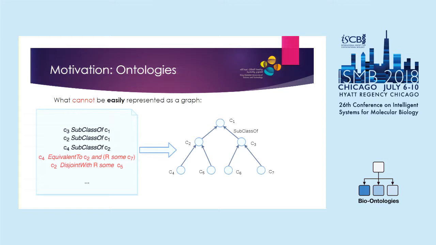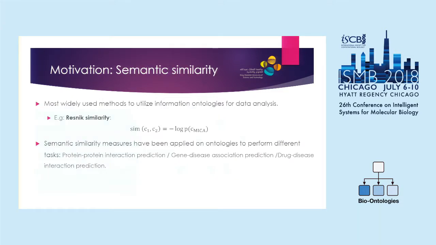So now, given all these pieces of information provided to us by the axioms of an ontology, how can we use this information to perform some data analytic tasks? The most widely used methods to utilize ontologies for data analysis are semantic similarity measures. These are basically methods which compute similarity between two classes of an ontology or two sets of classes in an ontology.